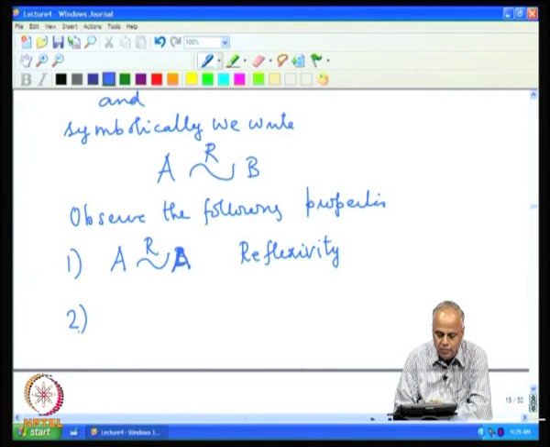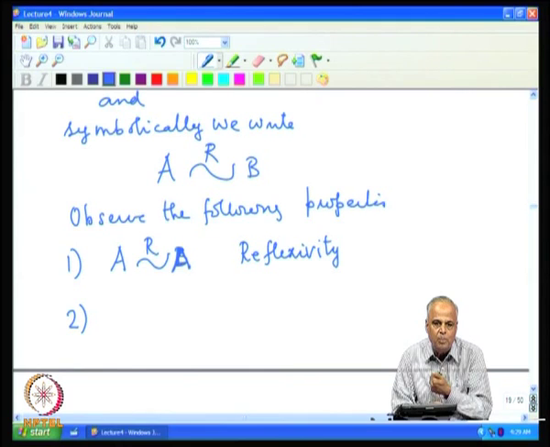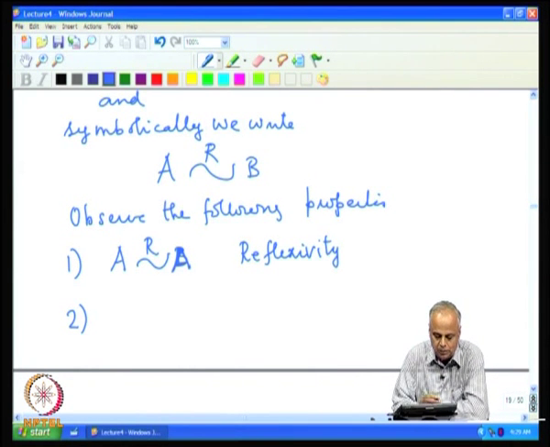Secondly, as we have observed, if I can go from A to B by elementary row operations, and since each elementary row operation is reversible, we can also go from B to A by elementary row operations.